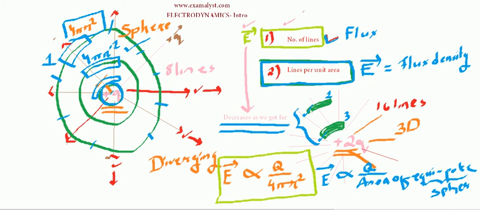So this brings us very near to the formula E equals Q by 4 pi r square, but we have not put any proportionality constant here. So let us do it.